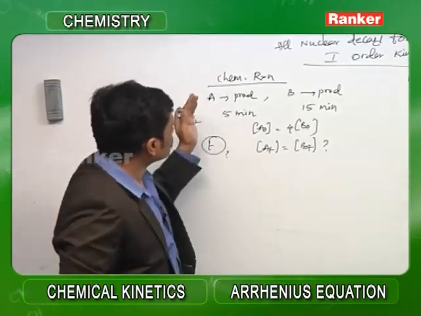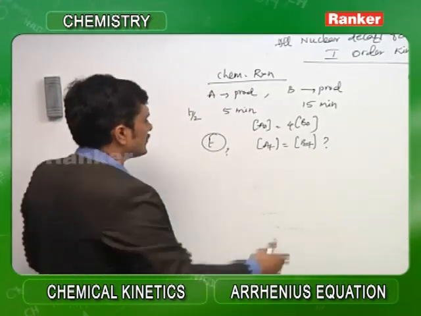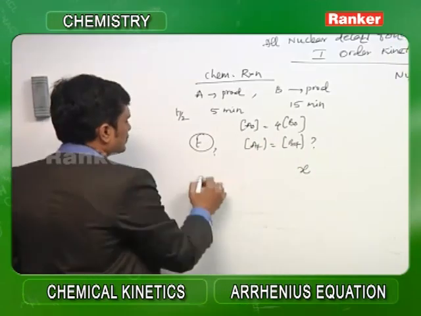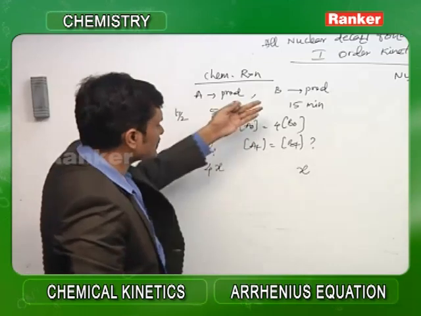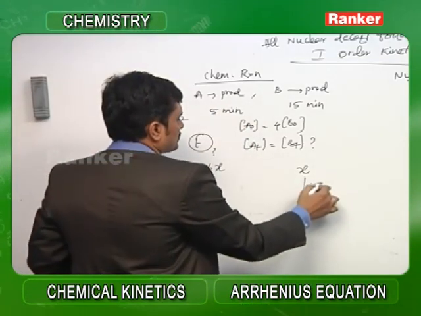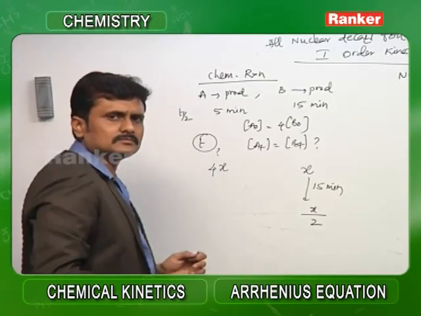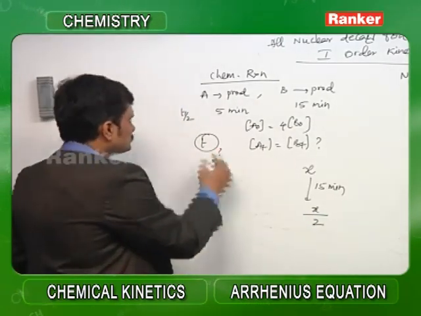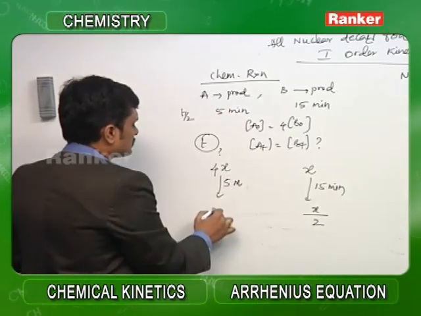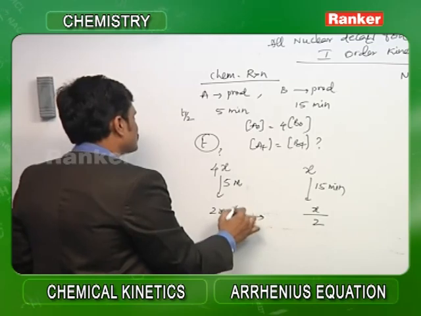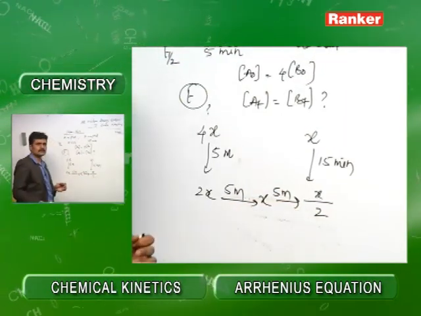What I mean to say is, if I assume the initial concentration of B as x, the initial concentration of A is 4x. As per the given half-life, after 15 minutes B will become x by 2. For A, because the half-life period is 5 minutes, after 5 minutes it has become 2x, after another 5 minutes it becomes x, and after 5 minutes more it becomes x by 2.